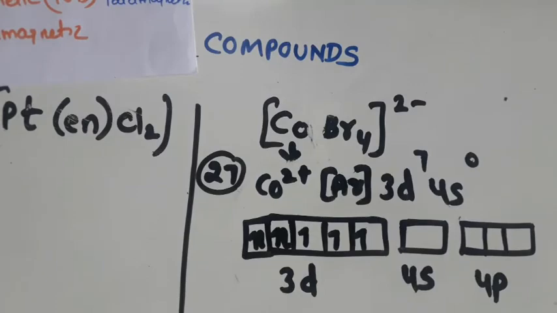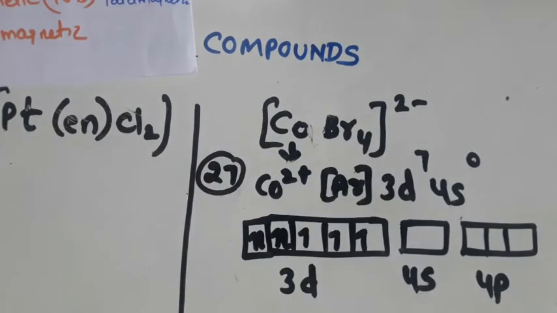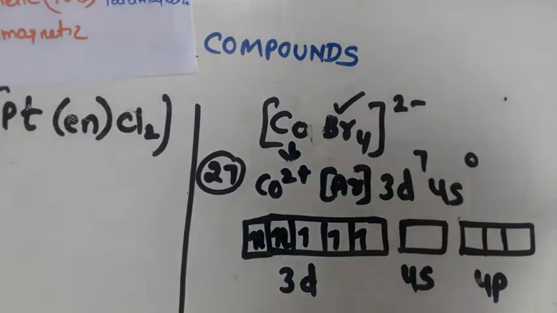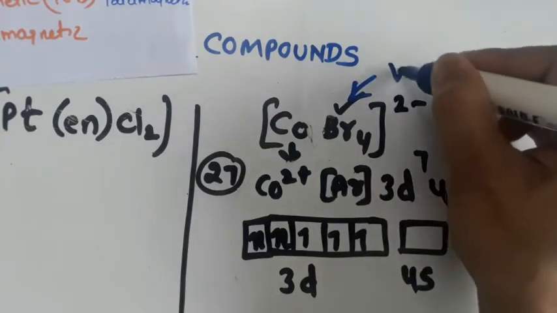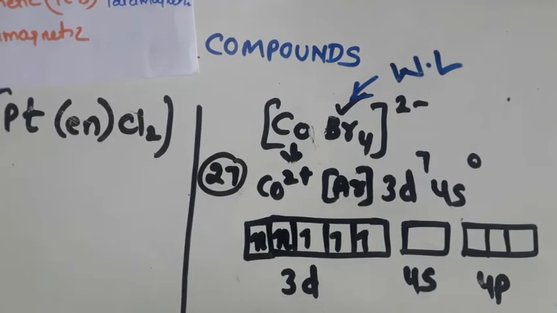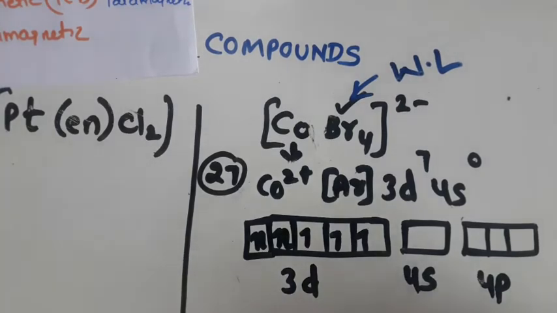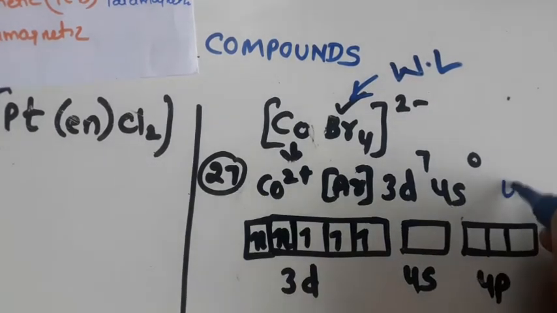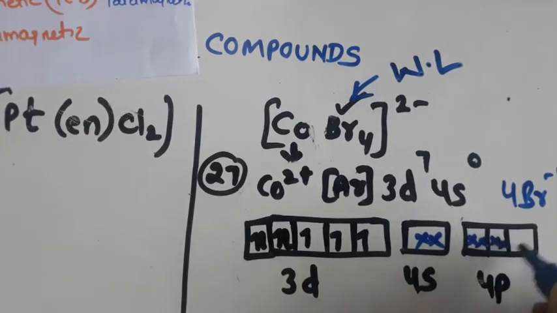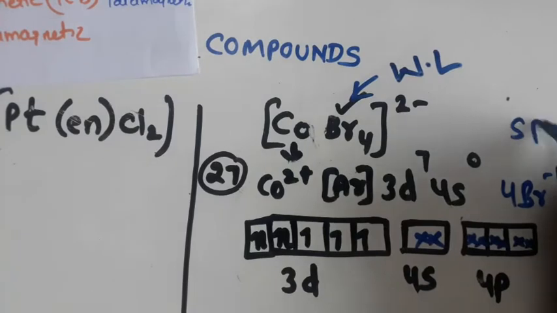Now here what will happen, as I already said, bromine, that is Br, is a weak ligand. It means no pairing will take place, and hence 4 Br minus will come and they will share their electrons over here, and the hybridization would be sp3.